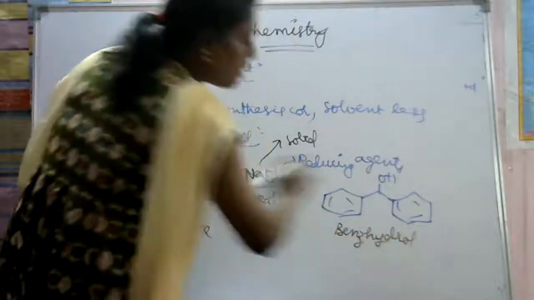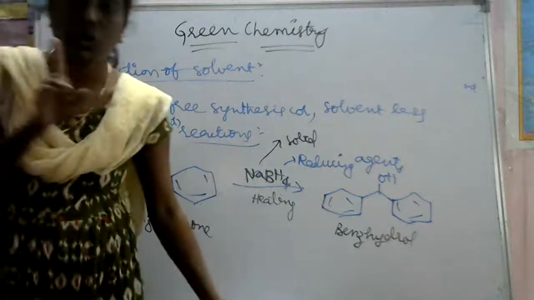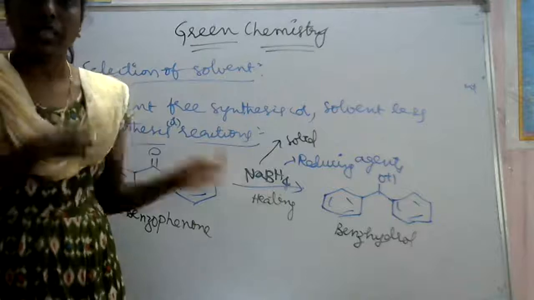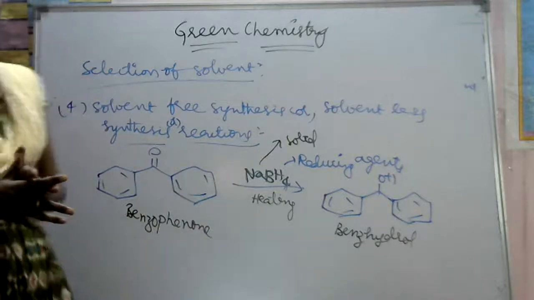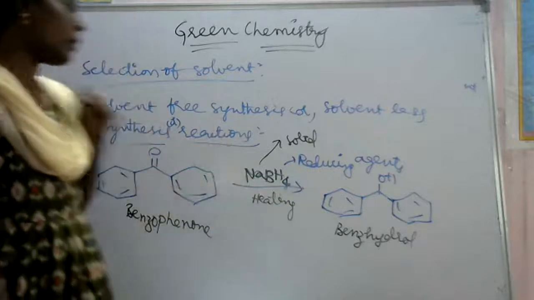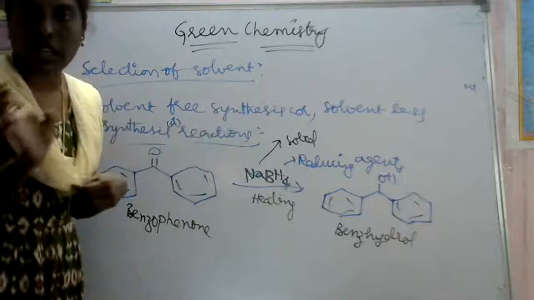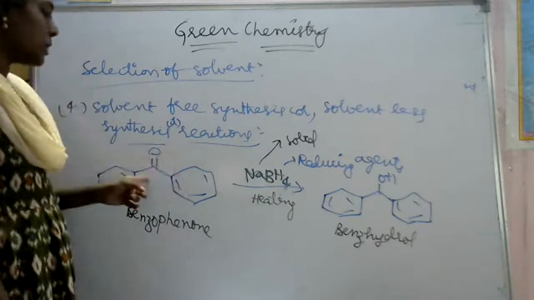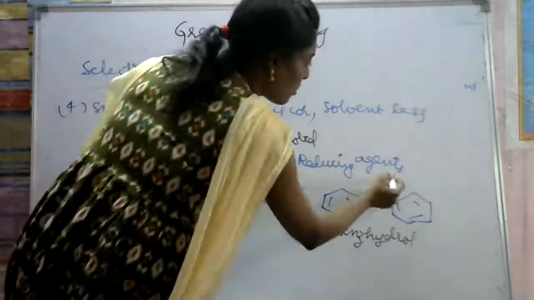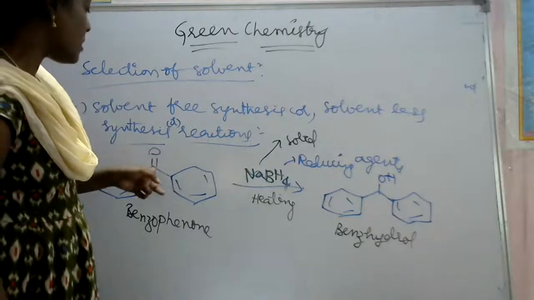Here we are not using any solvents. We are just using two solids, which we have to mix and heat. This sodium borohydride acts as a reducing agent which reduces this carbonyl group into an OH group, a secondary alcohol. It adds the hydrogens to oxygen as well as this carbon.